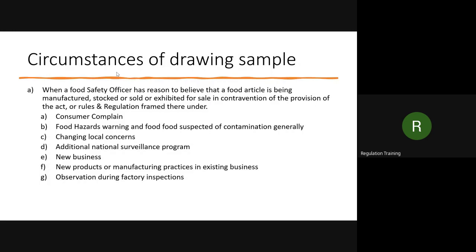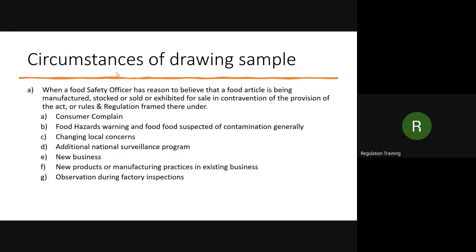So fraudulent people will get a chance to adulterate the product, because sale is high, so they can earn more money. So that local concern can drive them to collect the sample. Surveillance samples, legal samples, everything can be done.